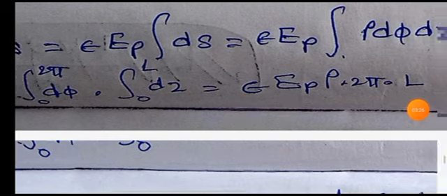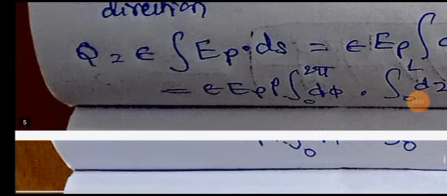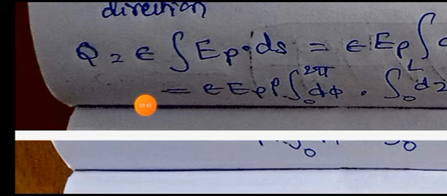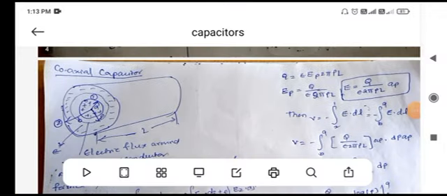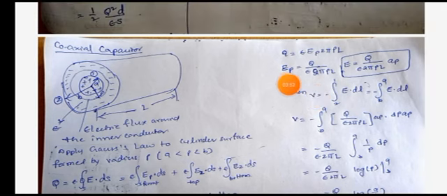The integration is epsilon into E rho into rho into 2 pi L. This is nothing but the enclosed charge, which is equal to Q. So E rho is equal to Q by epsilon into 2 pi rho L.